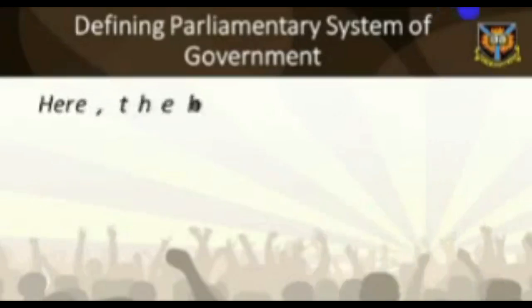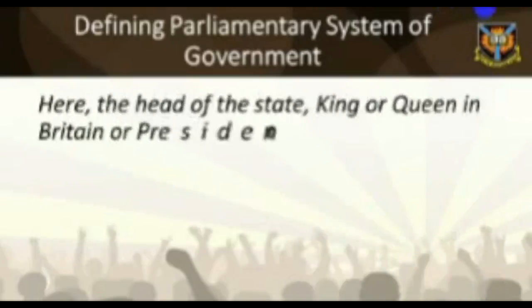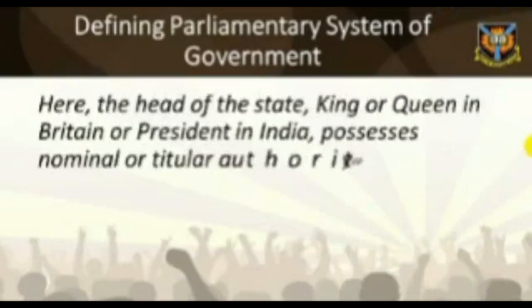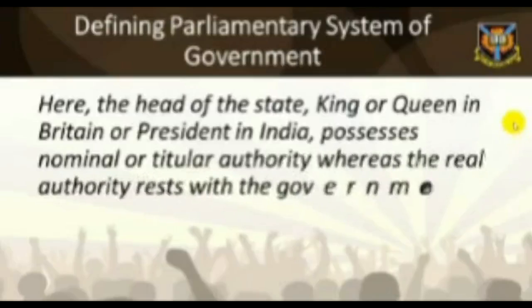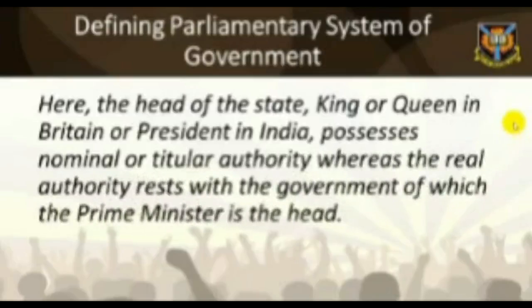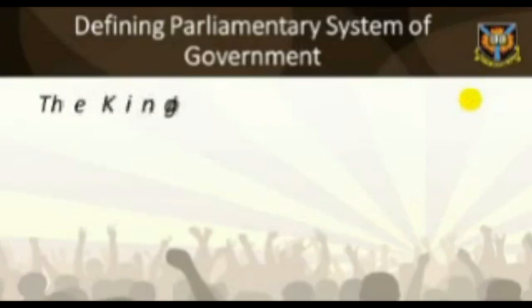Here, the head of state, king or queen in Britain or president in India, possesses nominal or titular authority, whereas the real authority rests with the government, of which the prime minister is the head.